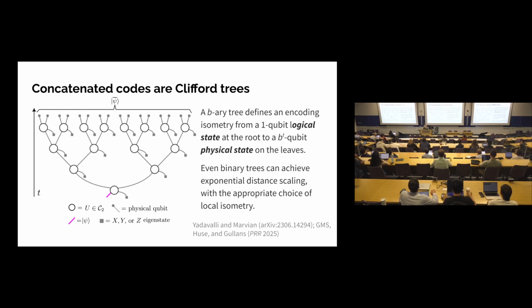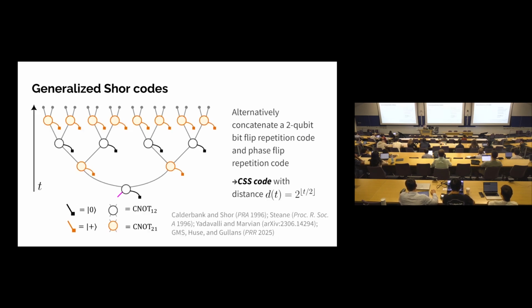And something that's remarkable is that even with a binary tree, you can get an exponentially growing code distance if you choose this local isometry appropriately. In particular, something that we studied along with Yadavali and Marvian, who are also here, is this code that I'll call, for the purpose of this talk, a generalized Shor code, where, similar to the 9-qubit Shor code, we're going to alternate between a bit flip and a phase flip repetition code, but we're just going to do it with only 2 qubits at a time.